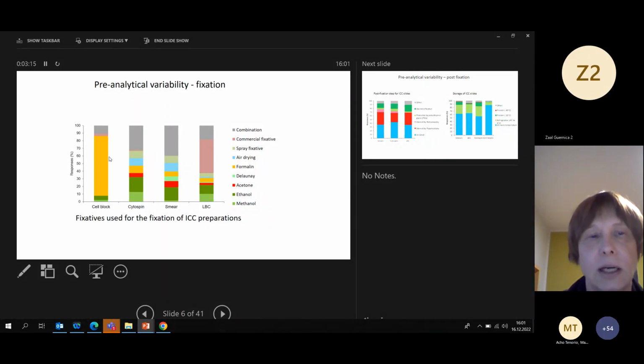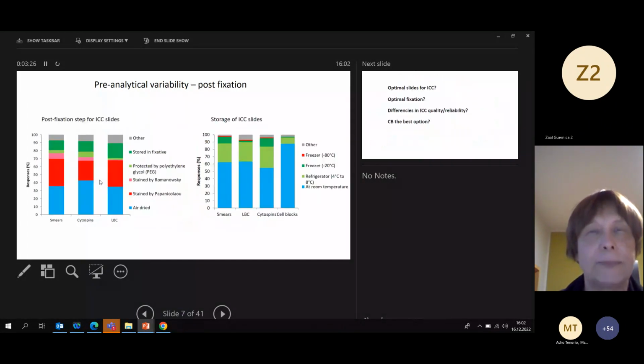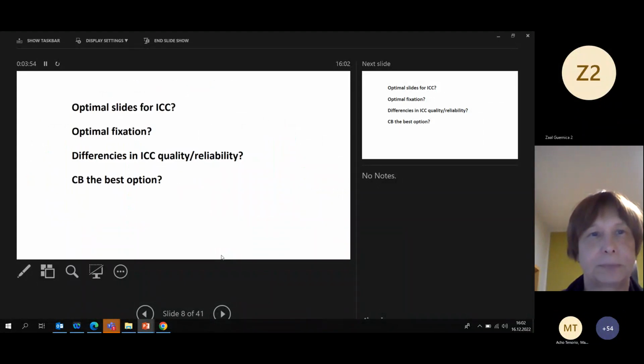The majority of laboratories use formalin-based fixatives for cell blocks, but not only variability in fixation, we were able to demonstrate also variability in post-fixation steps and storage of ICC slides before actual staining. And all these steps, not only fixative, but perhaps also time of fixation, post-fixation, and storage of slides, can very importantly affect the final results.